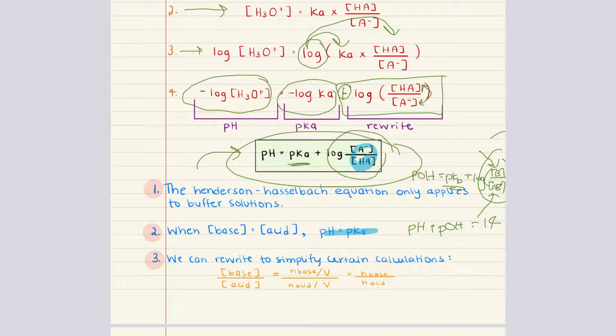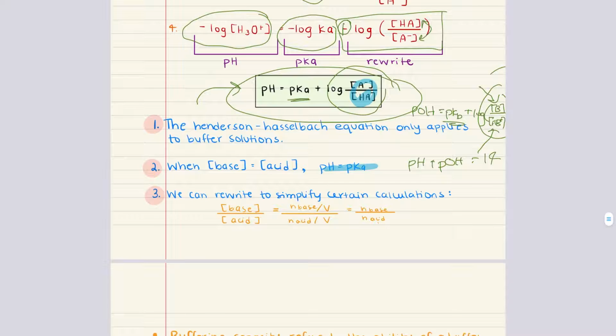Now, the Henderson-Hasselbalch equation is particularly useful for practical calculations. It simplifies the process of determining how a buffer's pH will change when small amounts of acid or base are added. In some cases, we can further simplify calculations by using moles instead of concentrations.